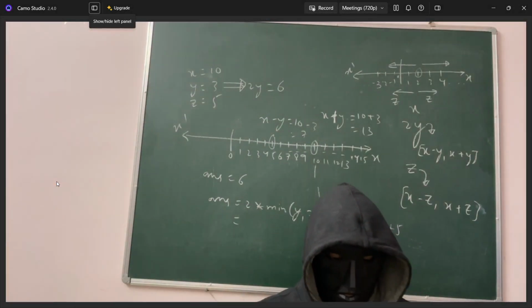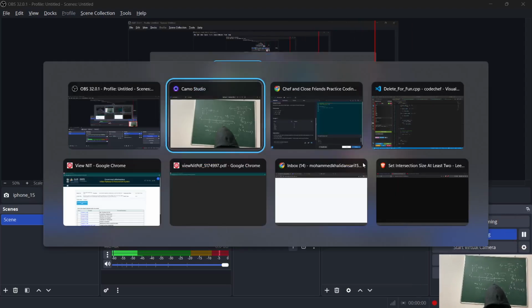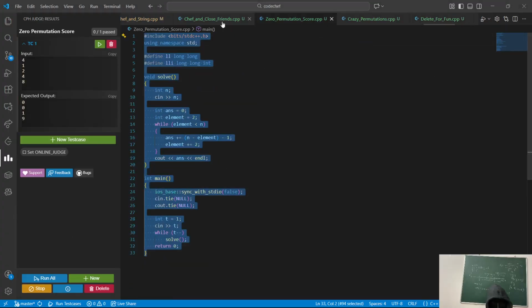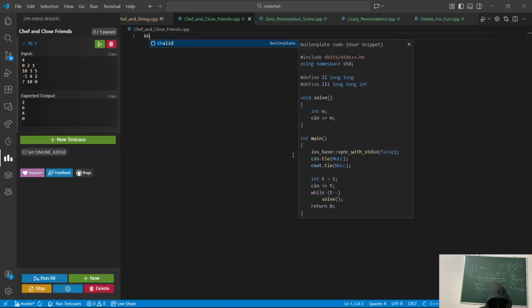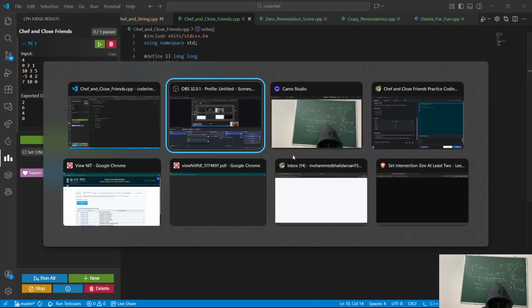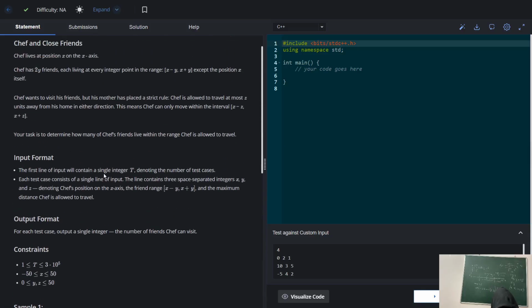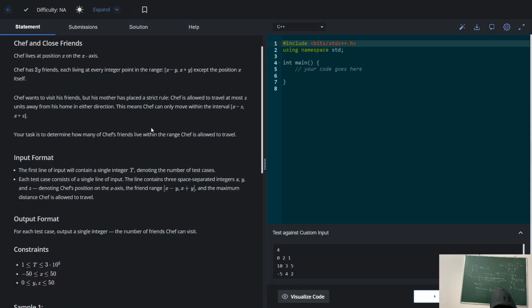Let's try to code it up. So in the input we had test cases, so I've taken care of that.